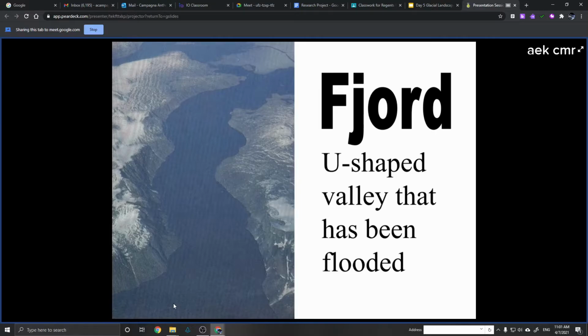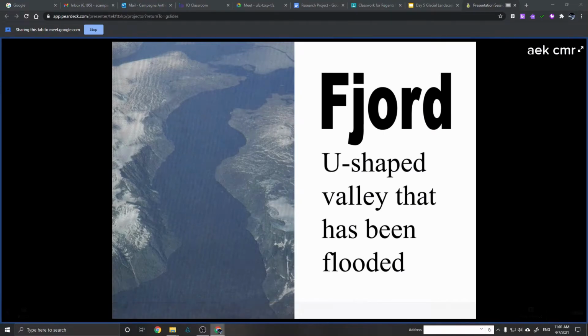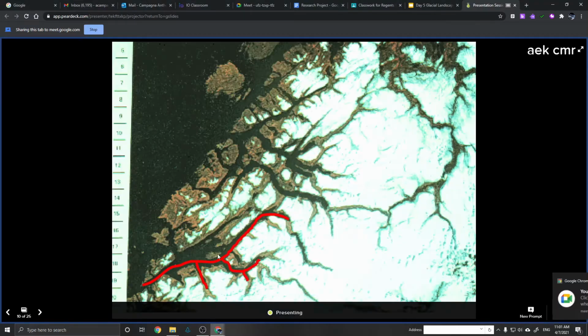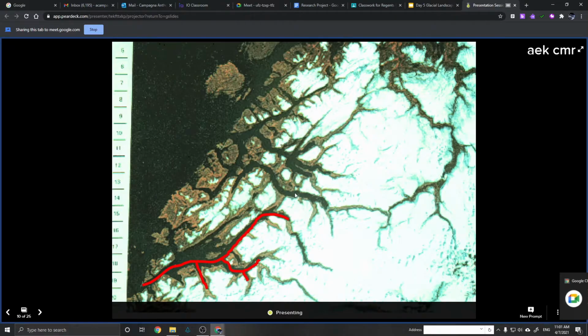When the ice eventually did melt, it caused ocean levels to go up. So when the ocean level rose again, it backfilled all those valleys. If you take a look here, this is an aerial view. You could see how the water flowed back up all those U-shaped valleys.